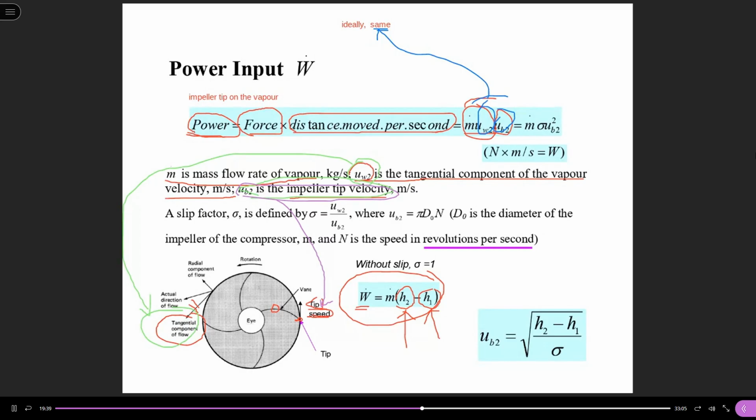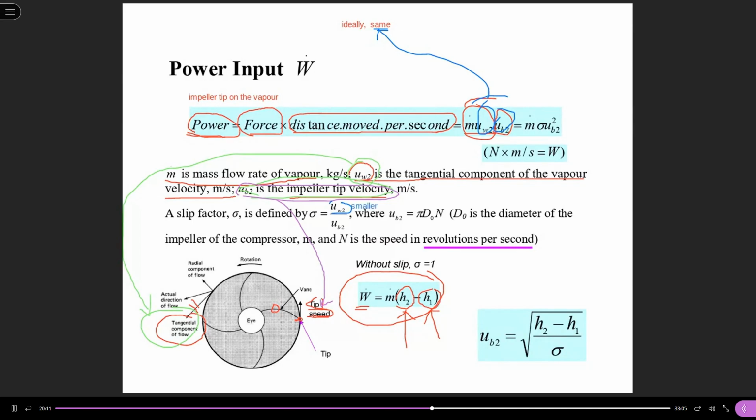However, actually the tangential component of flow velocity will be smaller than the tip velocity. Ideally it shall be the same, but in actual operation the tangential component of the vapor velocity is smaller than the impeller tip velocity.